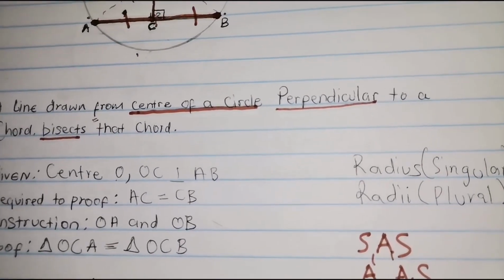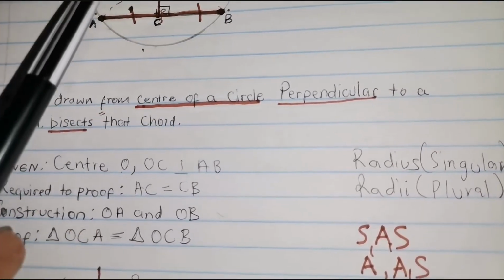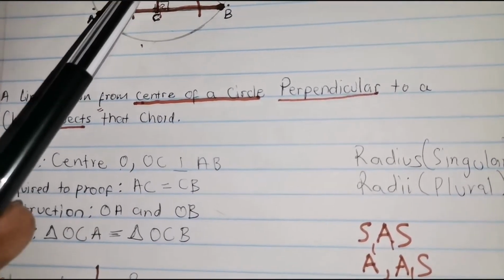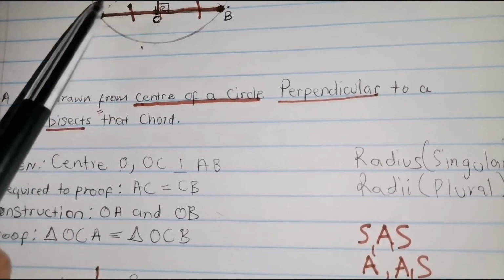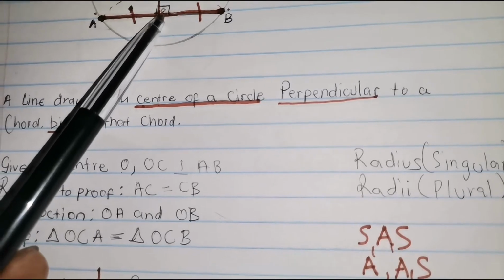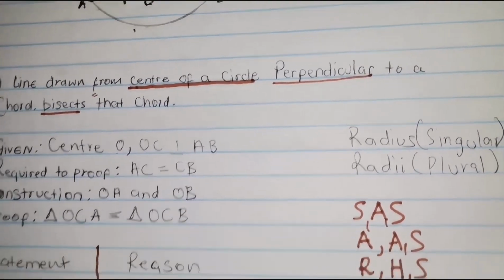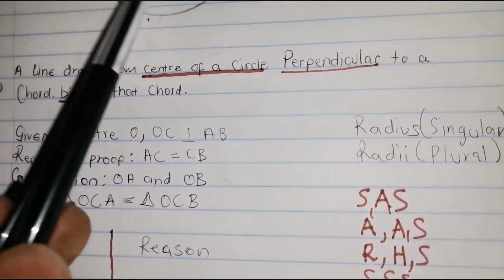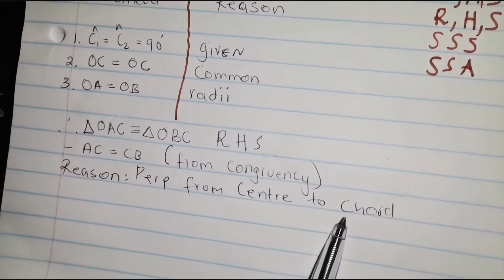Even if there are no radii, you can construct them. If you have a line from the center to the chord that is perpendicular to the chord, which is angle C equal to 90 degrees, you must conclude that if you have a right angle here, AC equals CB. Why? Perpendicular line from center to chord.